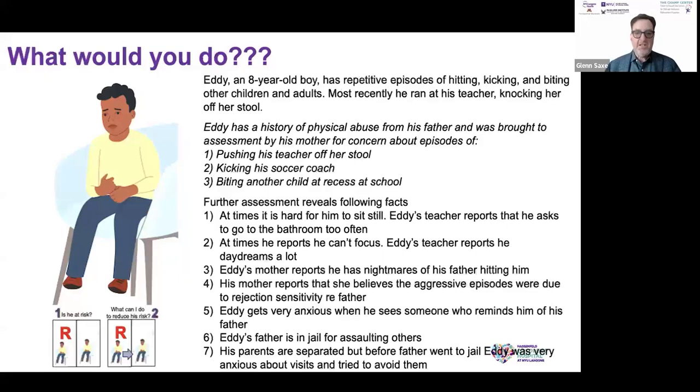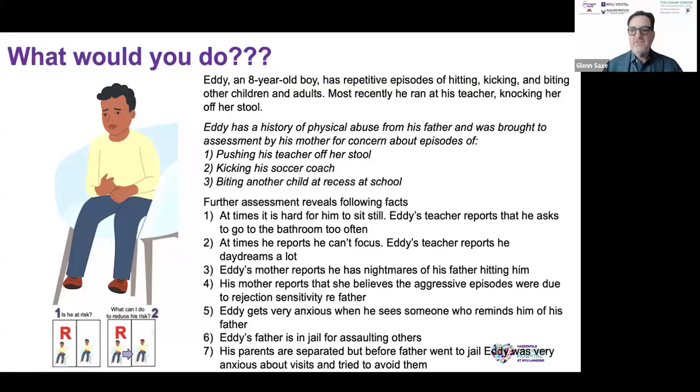And what that means is, what would you do? How do you think about it? Maybe I'll ask now for people, either in the chat or even to say, what does this make you think of? How would you begin to approach the case?